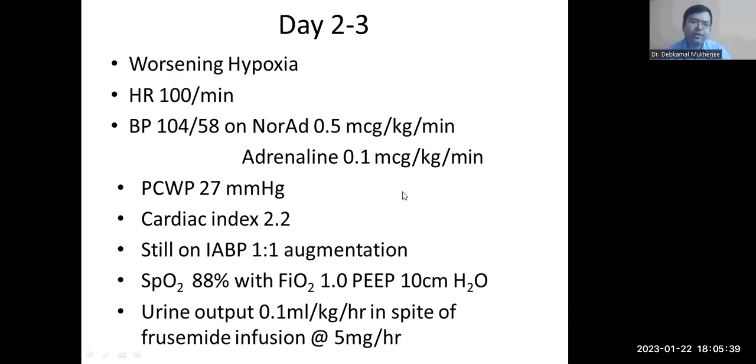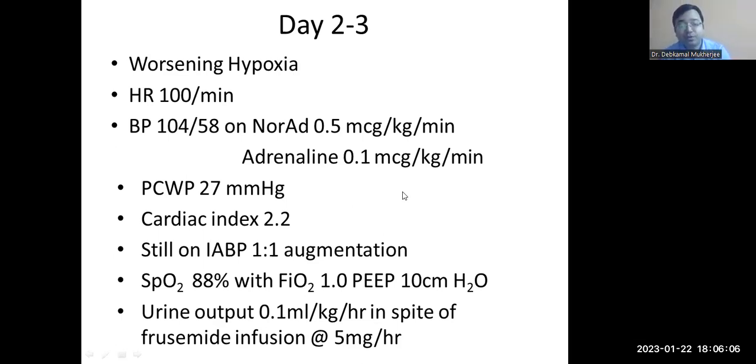His capillary wedge pressure was also creeping up slowly. It came up to 27. His cardiac index was also dropping. It was 2.2. He was still on IABP 1:2 augmentation. It won't be 1:1. He was saturating around 88% with FiO2 of 1 and PEEP of 10.